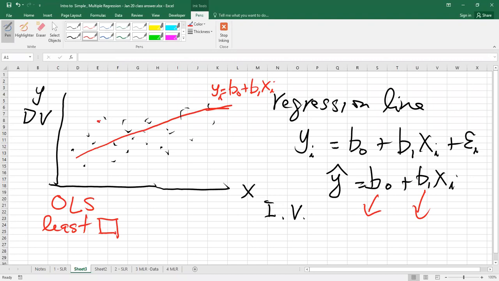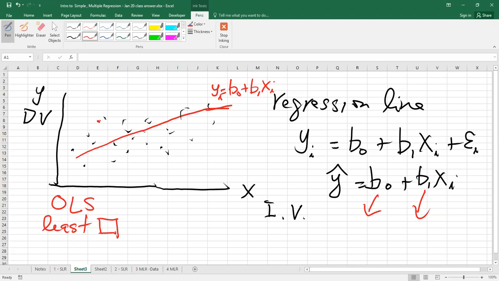When you square this, square natin. So for example, this is your E sub 1. Your E sub 1, okay. So bawat point dito, guys, you have several E. Residuals or error terms.